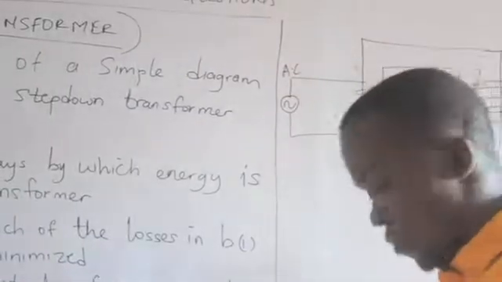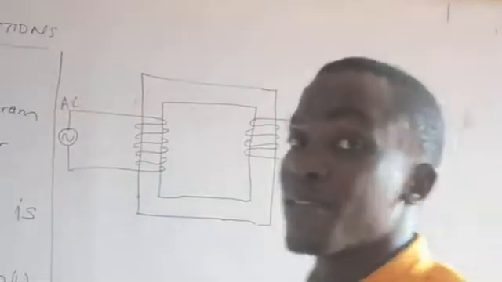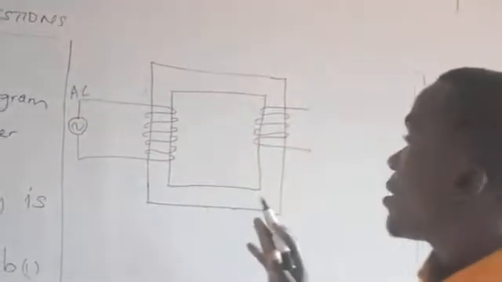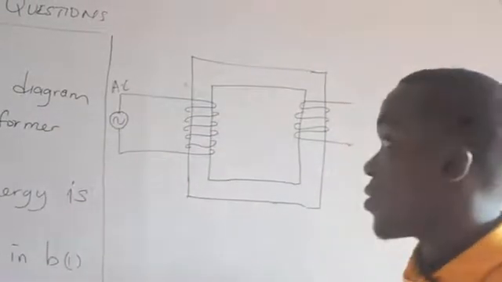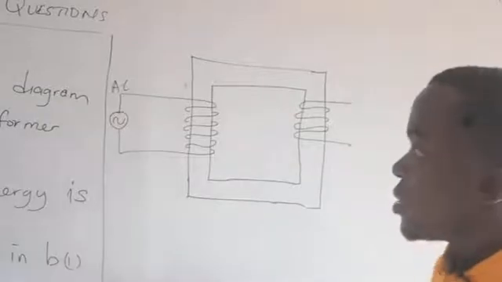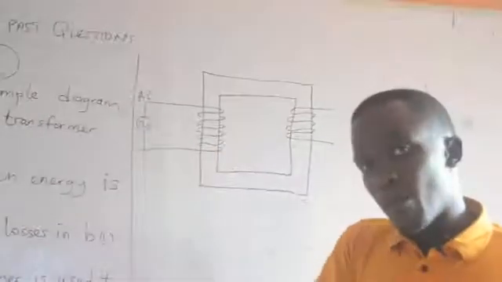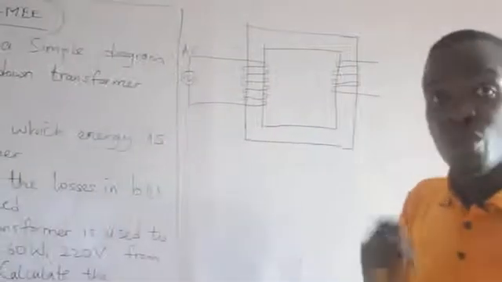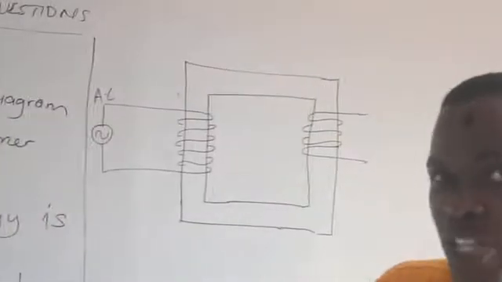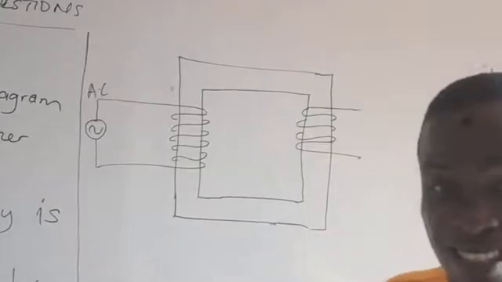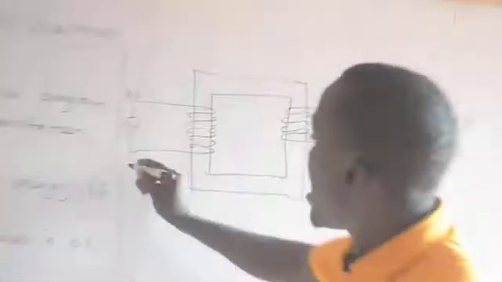Now, from what we have on the board, many of us can still remember how we know our primary coil and the secondary coil. Take note, the source is always the primary coil. In most exam conditions, rather than the word source, they will use mains.